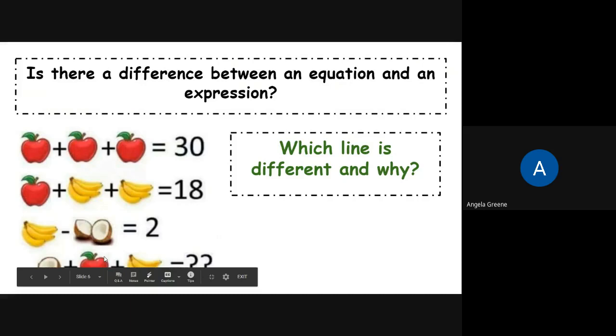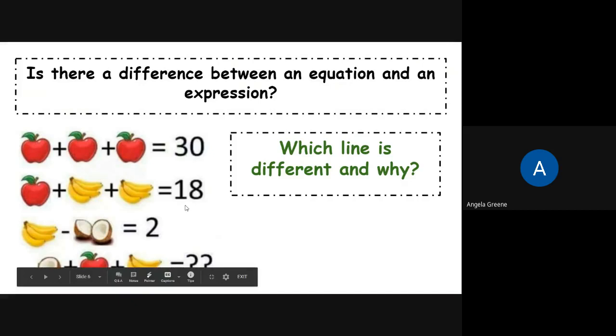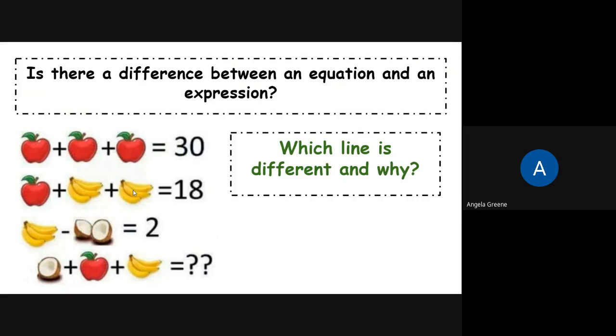The apple is still 10, but also notice that the bananas up here, we have 4 bananas in each bundle. But notice how we have 3 bananas. So if 2 bundles of bananas is 8, which means 1 bundle is 4, that means each banana has a value of 1.